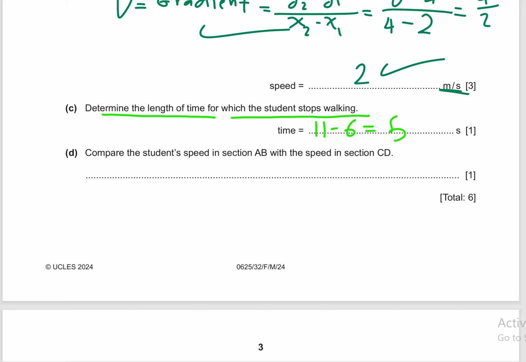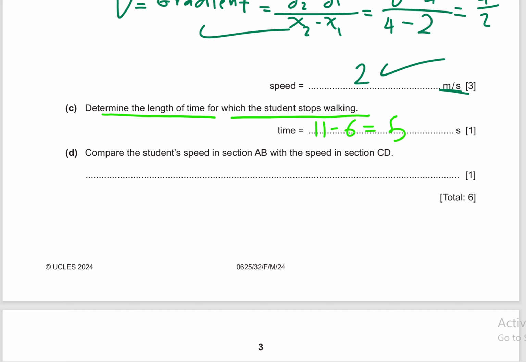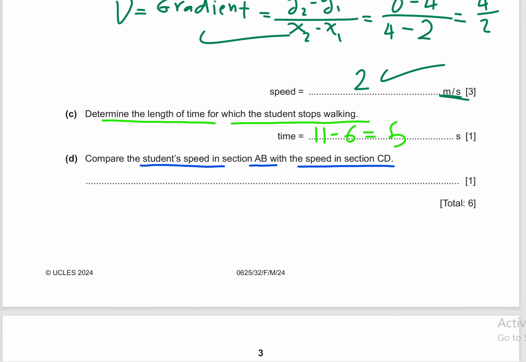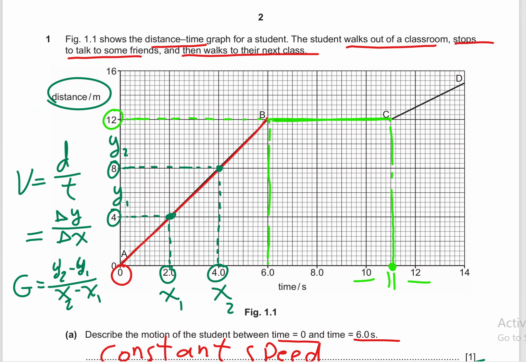Now they say compare the student's speed in section AB with the speed in section CD. Let's go back to the graph. They want the speed in this part AB with the speed in this part CD.